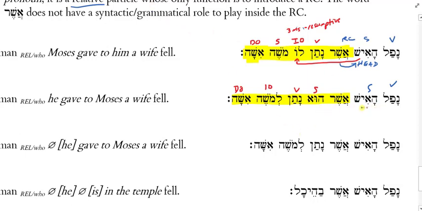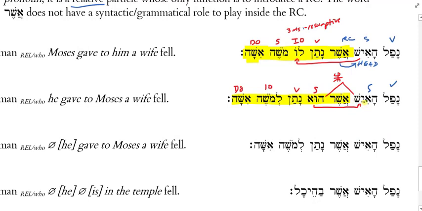Here it's the subject. The man which he, the man, gave to Moses a wife fell. Okay? So, the subject is the resumptive element. Over here, the indirect object was the resumptive element. These two people refer to the same entity, right?